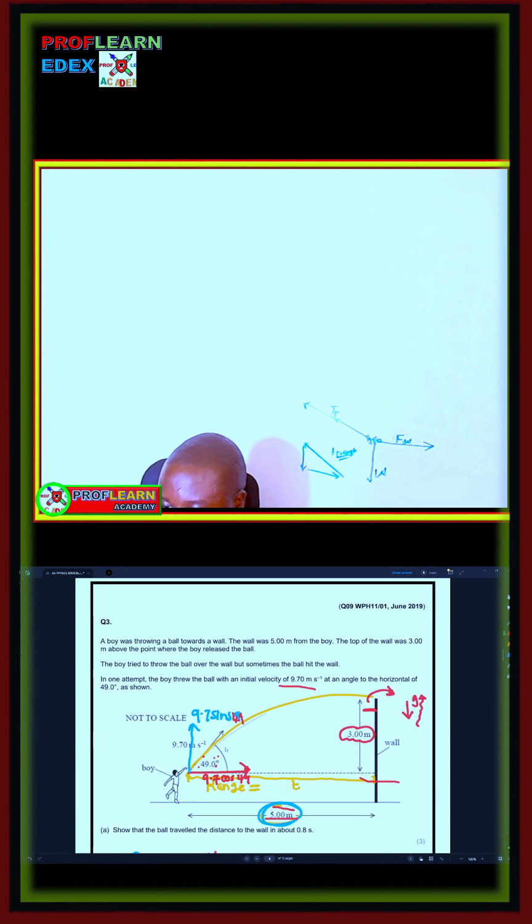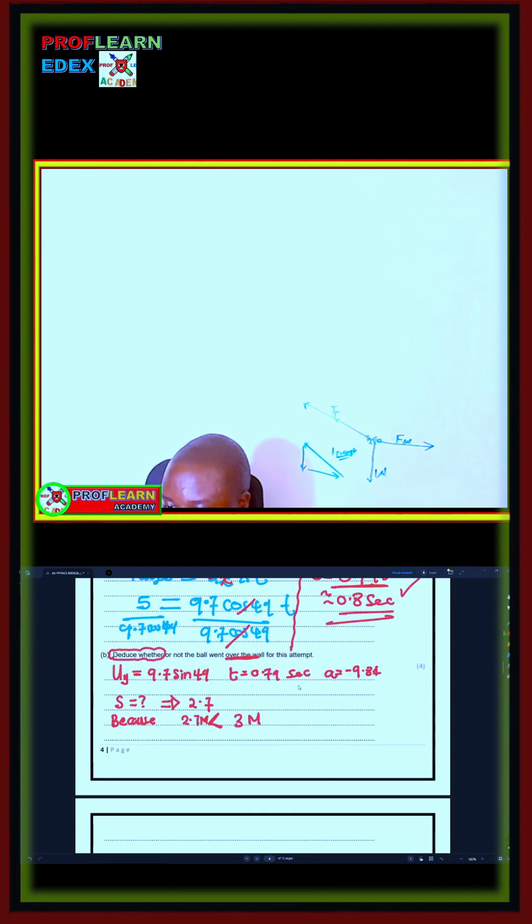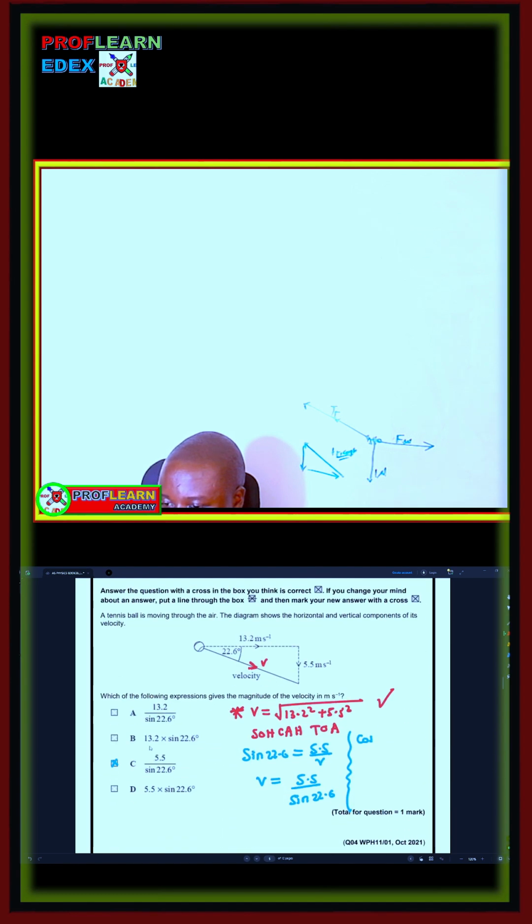We use negative acceleration because the object was moving up, so it will be decelerating, slowing down. We can now apply the equations of motion at this point, and we shall get the displacement, which is basically less than that. So it did not go over the wall.